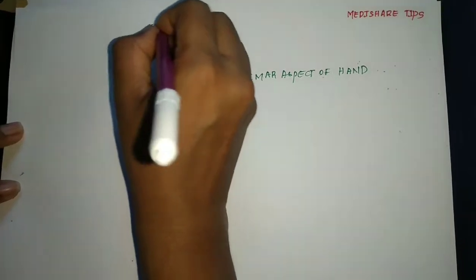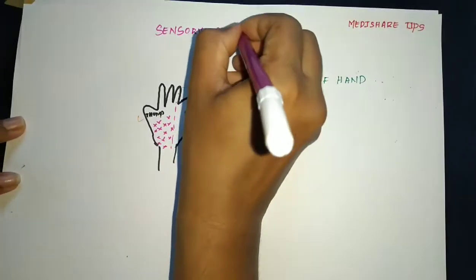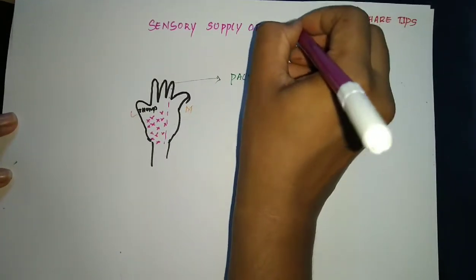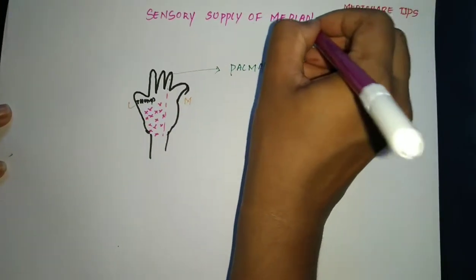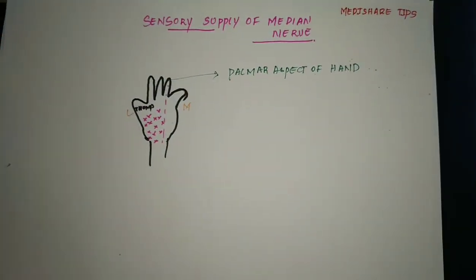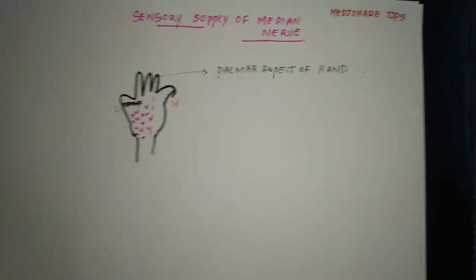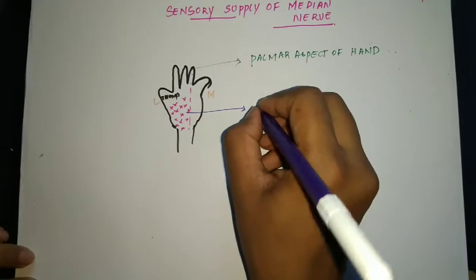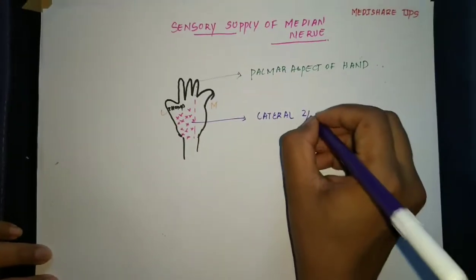This is the sensory supply of the median nerve. So the skin of the lateral two-thirds of the palm is supplied by the median nerve.